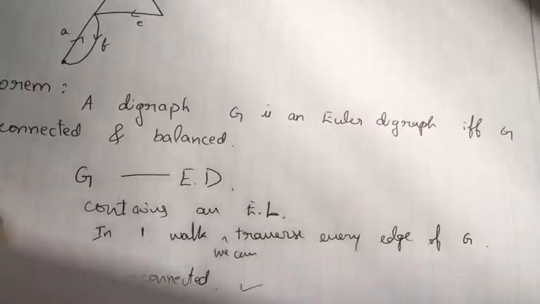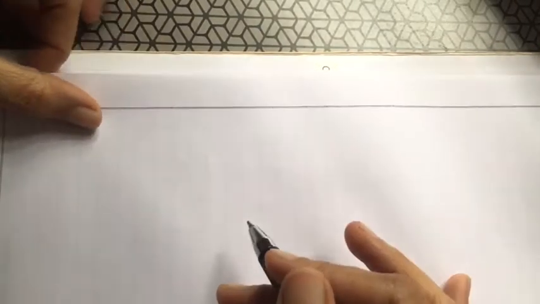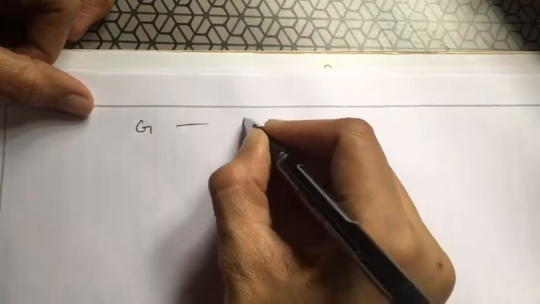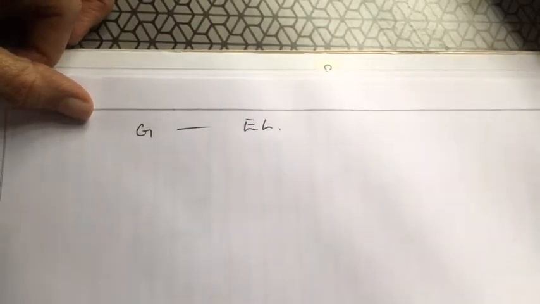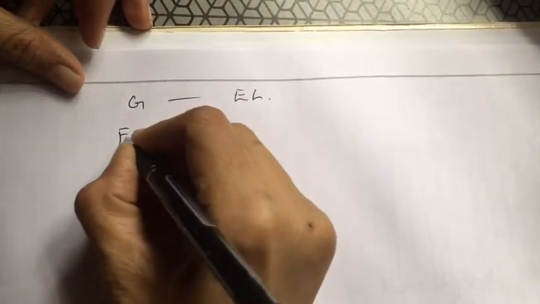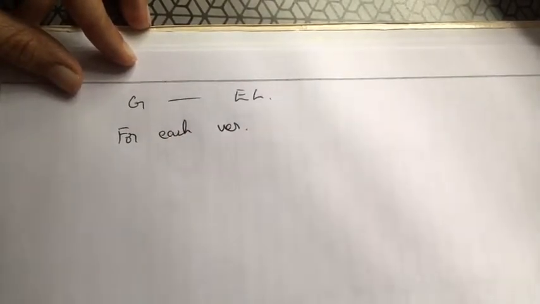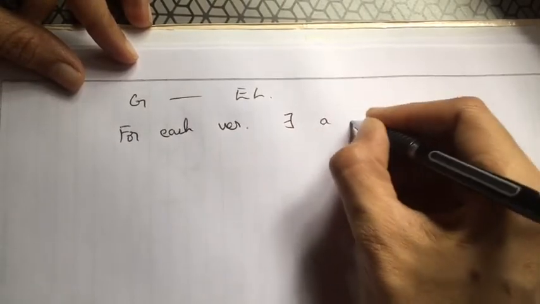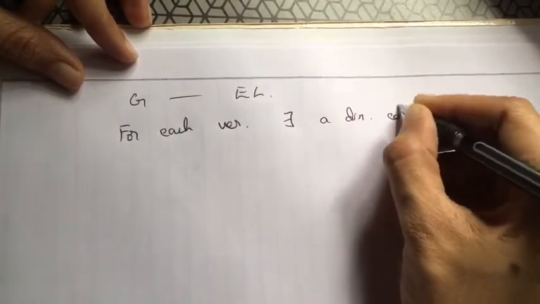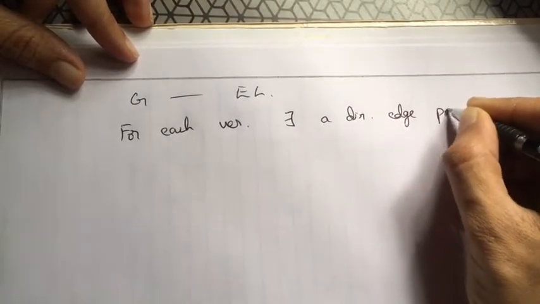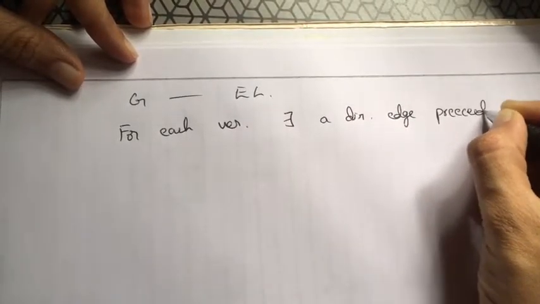For that, for each vertex, there is a directed edge preceding it and one following it, since G has an Euler line.